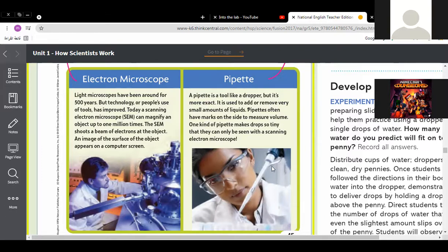It is used to add or remove very small amounts of liquids. Pipettes often have marks on the side to measure volume. One kind of pipette makes drops so tiny that they can only be seen with a scanning electron microscope.